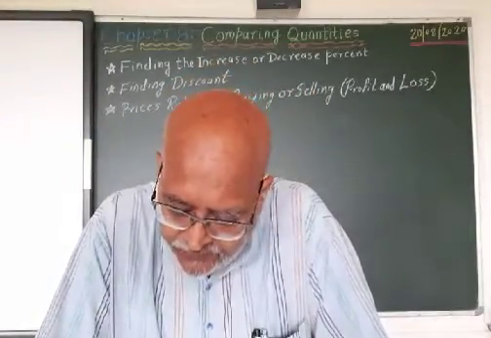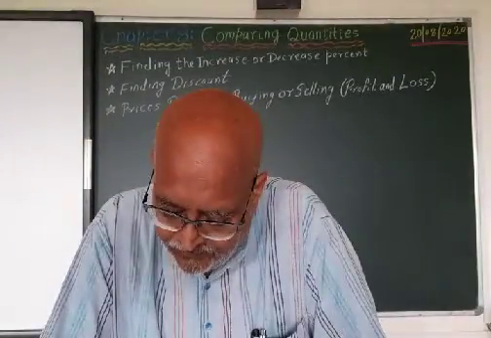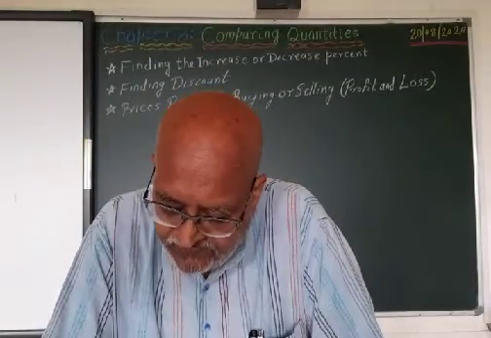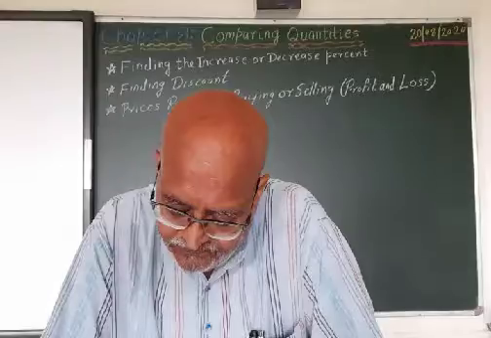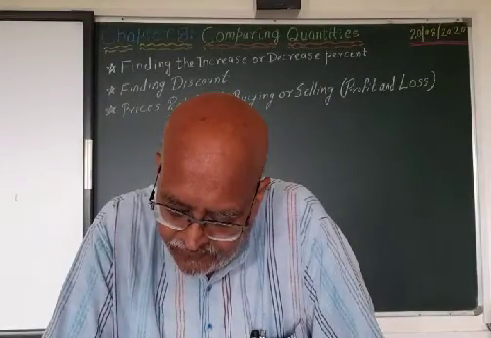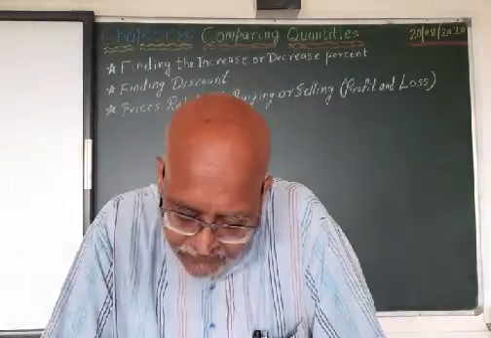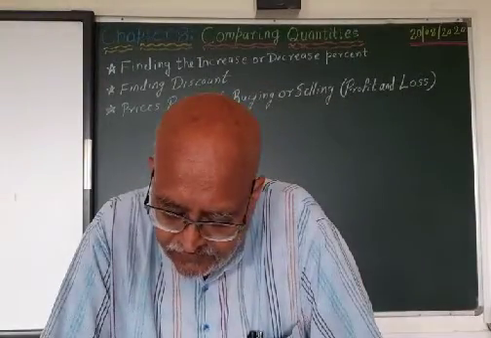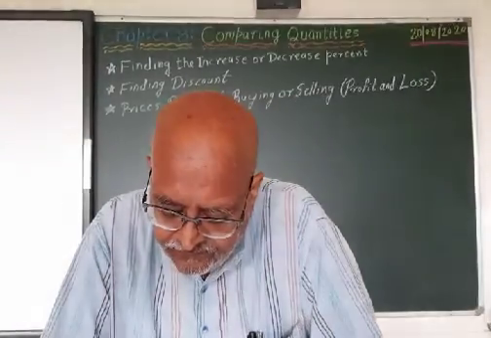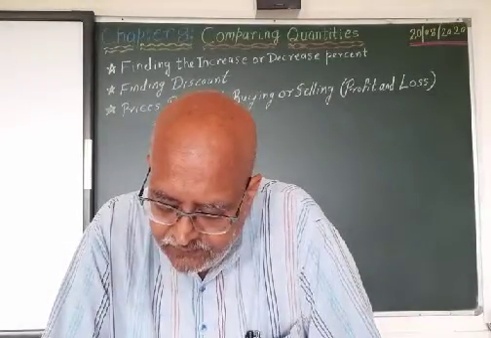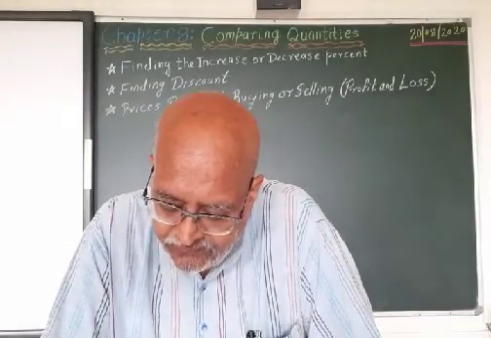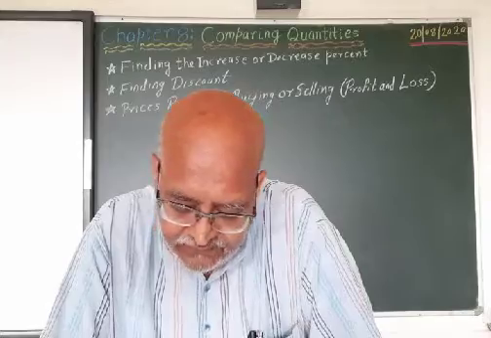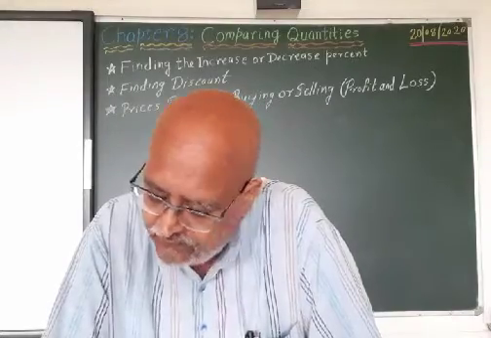A shopkeeper purchases 200 bulbs for rupees 10 each. However, 5 bulbs were fused and had to be thrown away. The remaining were sold at rupees 12 each. Find the gain or loss percent.